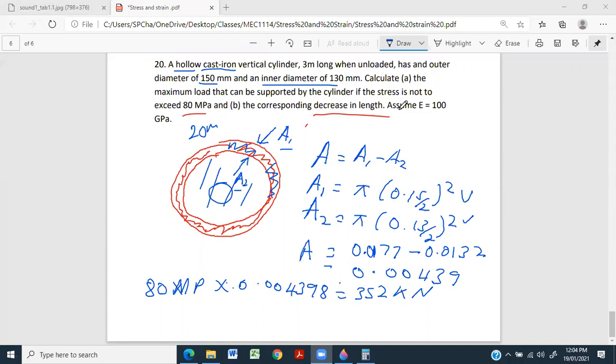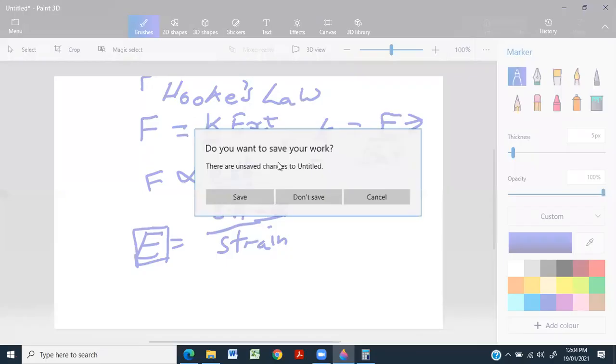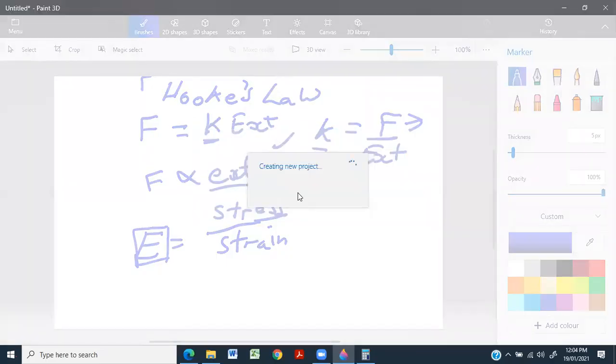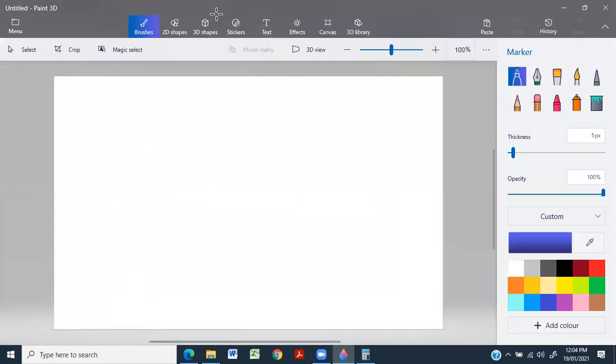B, the corresponding decrease in length, assuming E is 100 gigapascals. Let me get some space. So E is stress over strain, and E is 100 gigapascals, right?